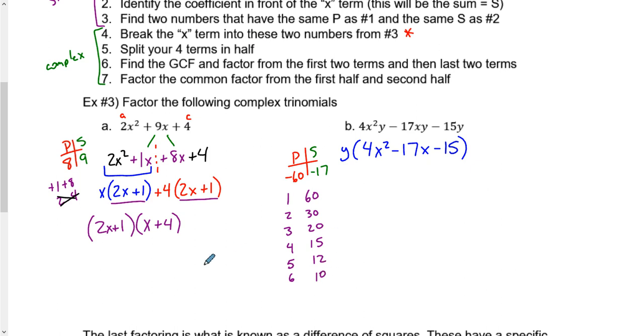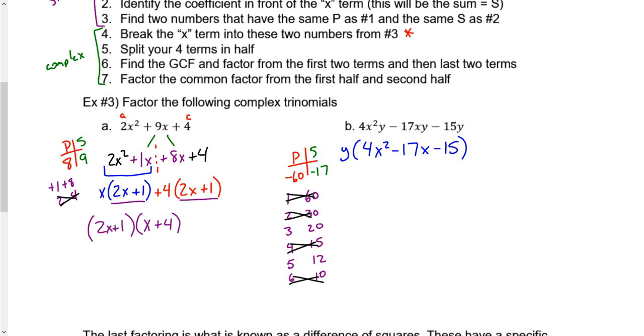So if we look at these numbers immediately, to get a sum of negative 17, well, those two would never work. Same with these ones. But 3 and 20 could. 4 and 15 would never give us a 17 as anything. But the 5 and 12 could. 6 and 10 do not.